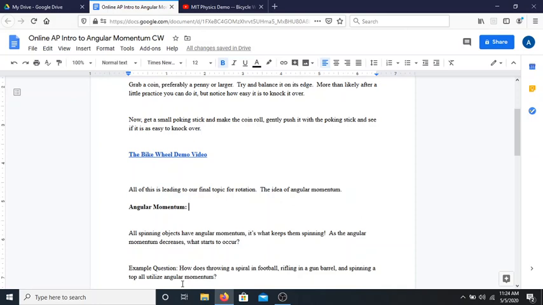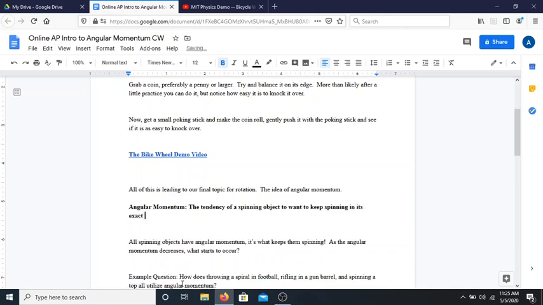So angular momentum is basically the tendency of a spinning object to want to keep spinning in its exact orientation. That means that if I had a top and I cause a top to spin, that top wants to keep spinning exactly the way you threw it on the ground. So, angular momentum is just the tendency of a spinning object to want to keep spinning in its exact orientation.